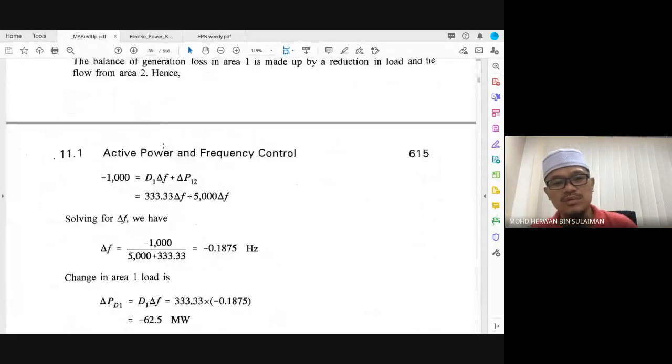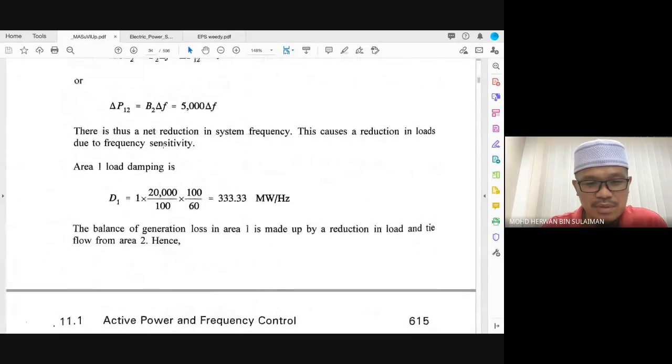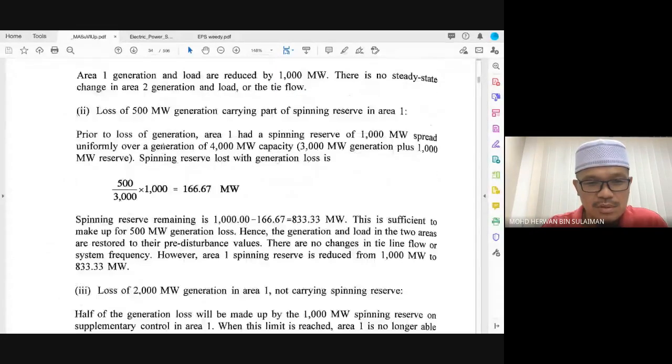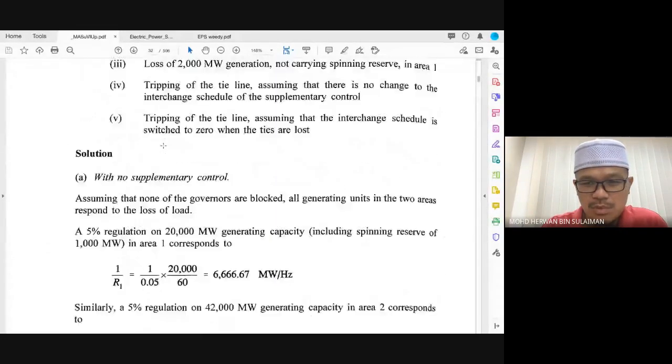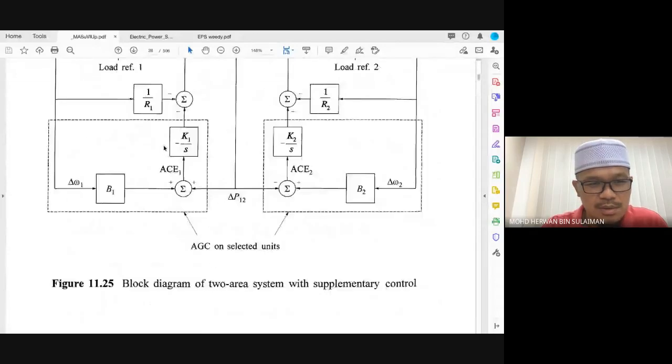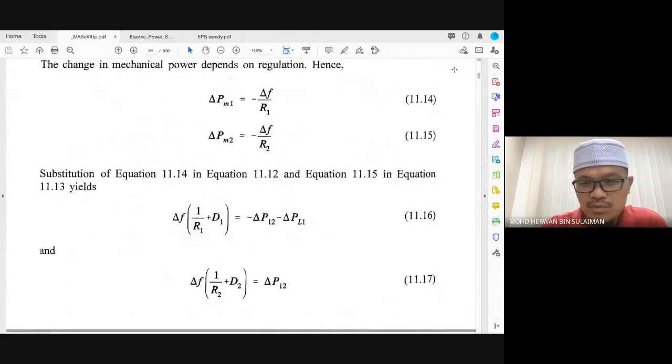If you want to learn about details in the active power and frequency control, you can find this book. This one is only a chapter. You can find this book.